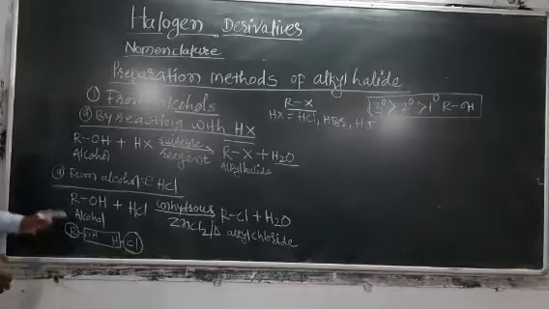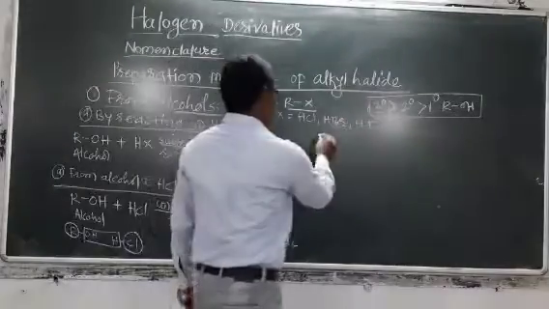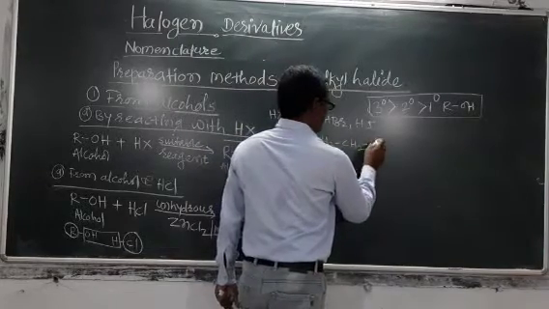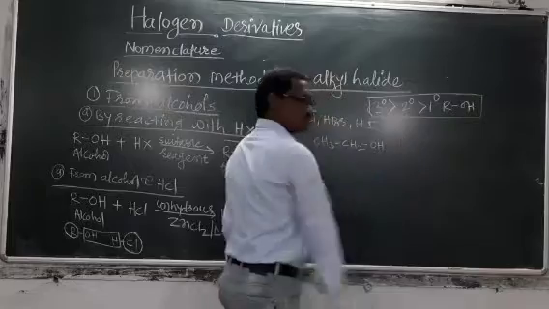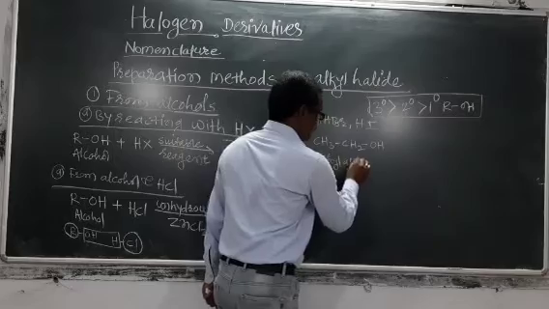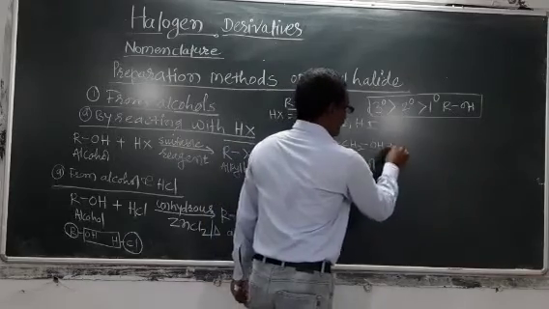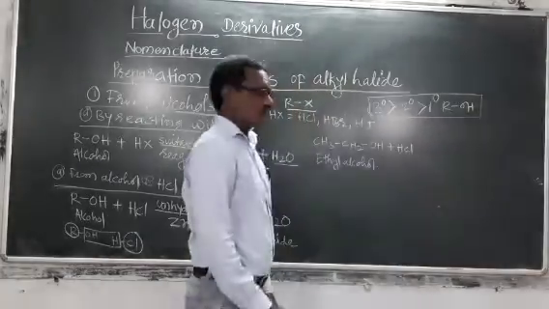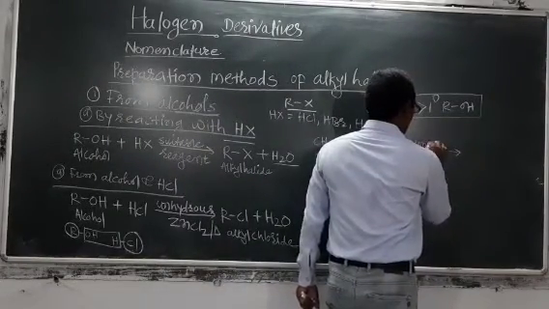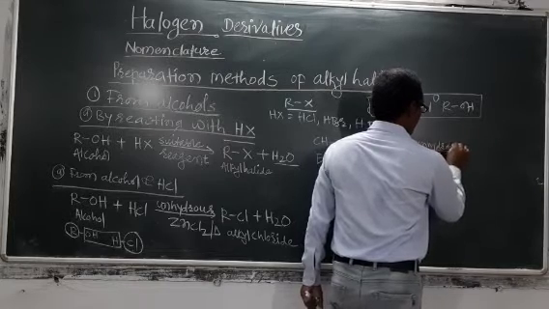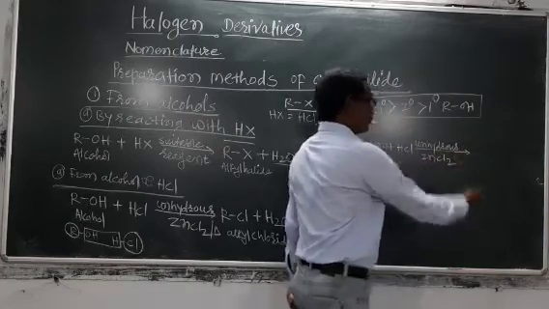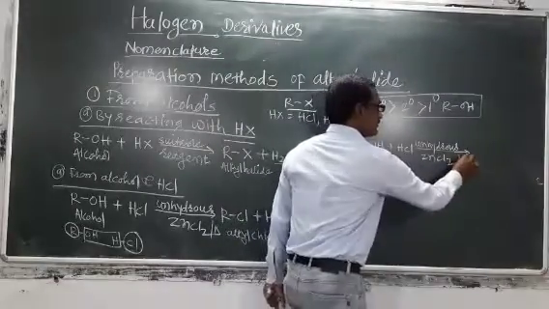Now, we will see some examples here. CH3CH2OH, ethyl alcohol, is reacted with HCl in presence of anhydrous ZnCl2 and heat.